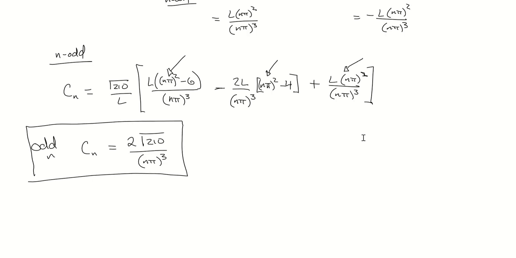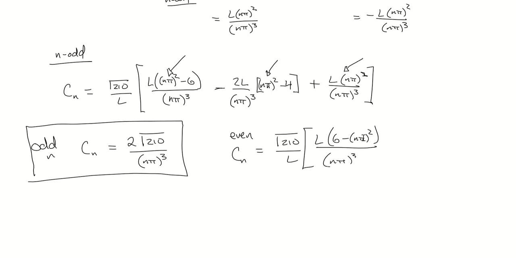If we do the same thing for the evens, Cn even, adding all those integrals into what we had gives L times 6 minus n pi squared over n pi cubed plus 2L.